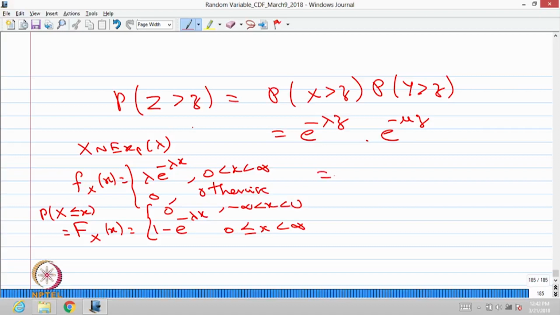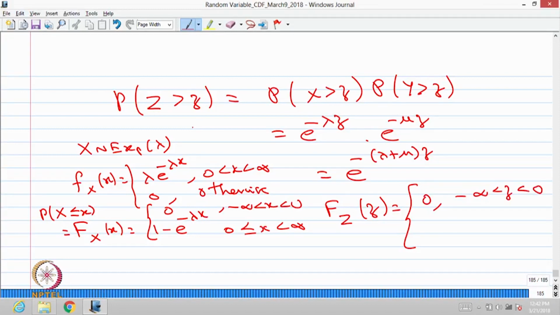So the conclusion is e power minus lambda plus mu times z when z is greater than 0. So the CDF of Z is 0 when z is between minus infinity and 0, and 1 minus e power minus lambda plus mu times z when z is from 0 to infinity.